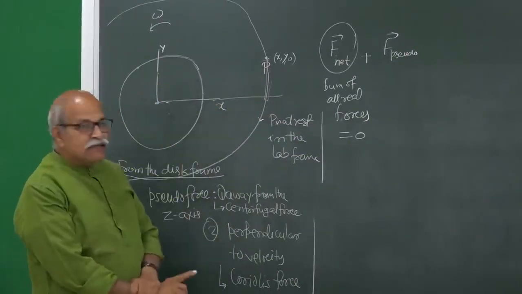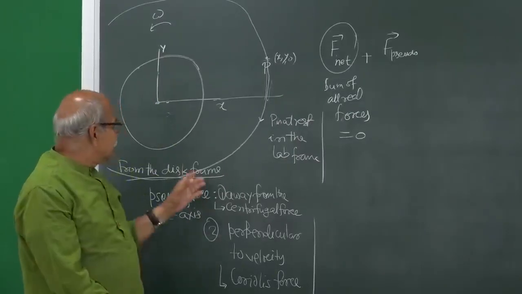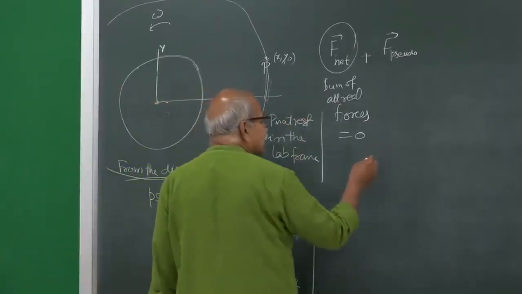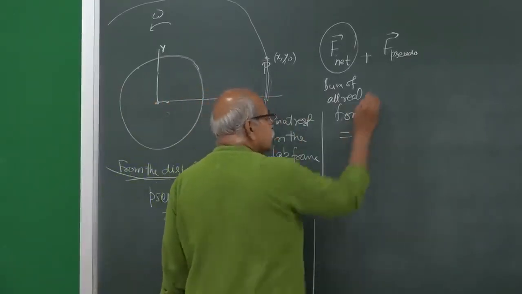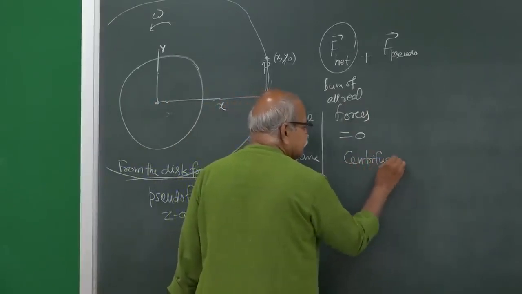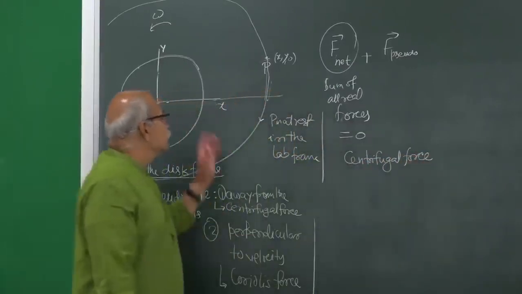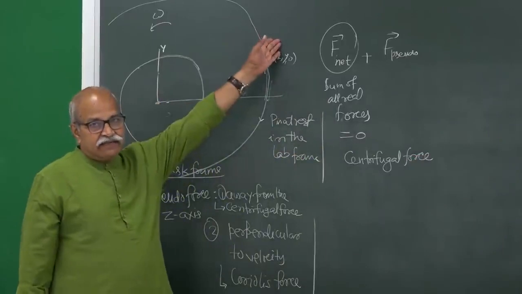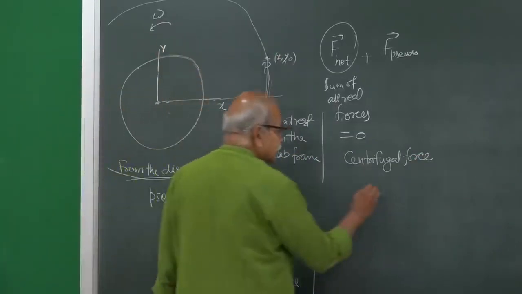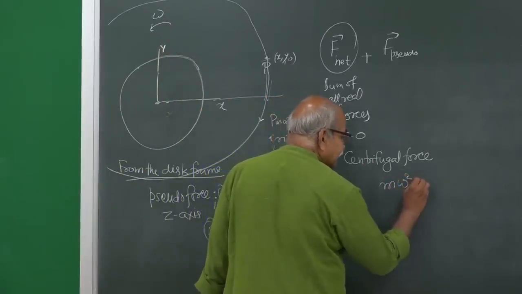All right. So, the centrifugal force will be there, and what will be that centrifugal force? You can obtain that from other examples also, and you know it very well. I am using the disk frame. There is a centrifugal force, away from the axis, and its value will be m times omega square times the distance from the axis.